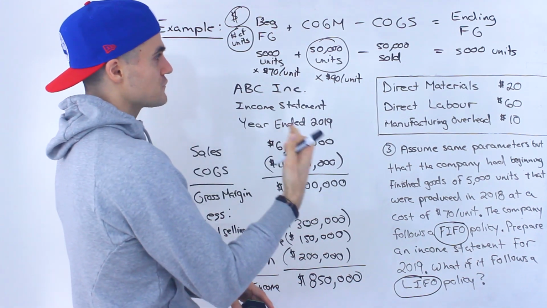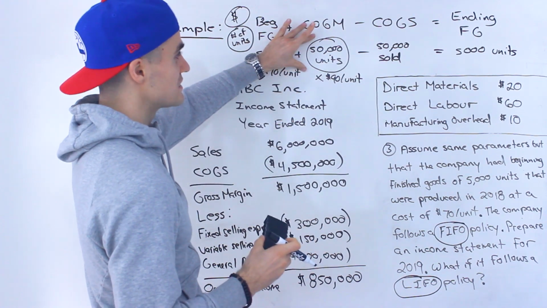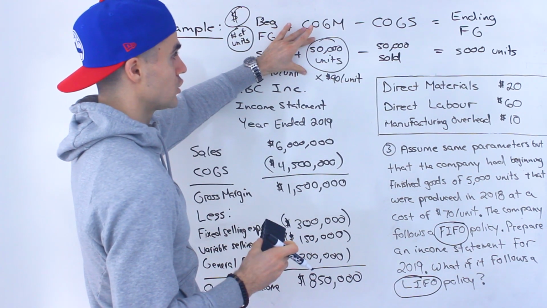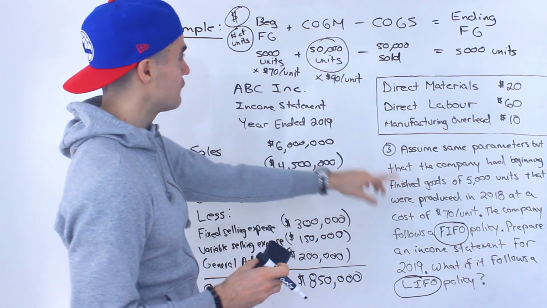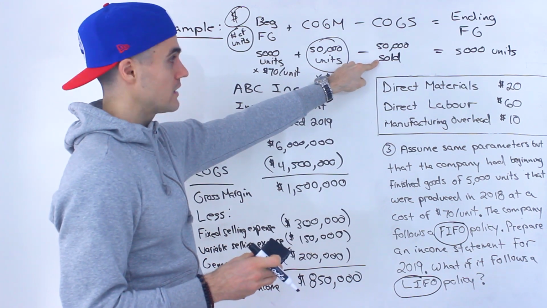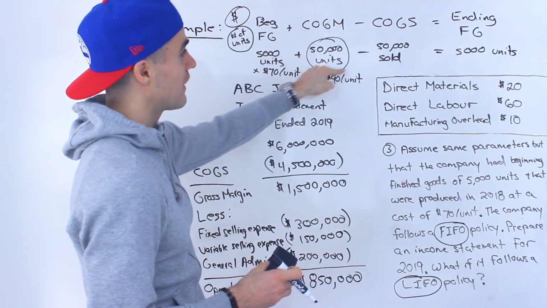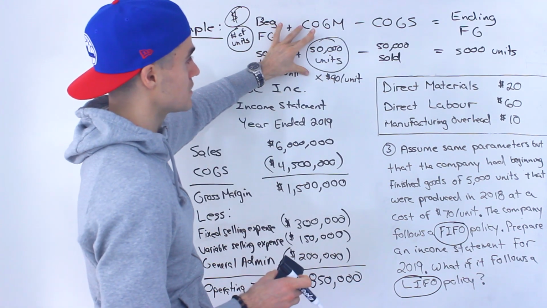And so if the company was following a LIFO policy, basically the units that would be sold would be these 50,000, right? The units that last came into inventory. Versus when it's going to be FIFO, then these 5,000 have to come out first, right? That gets sold, and then 45,000 of this. But if we're dealing with LIFO, then it's just these 50,000 units.